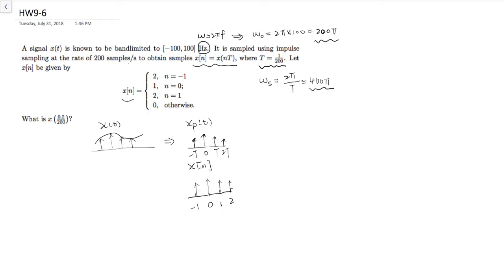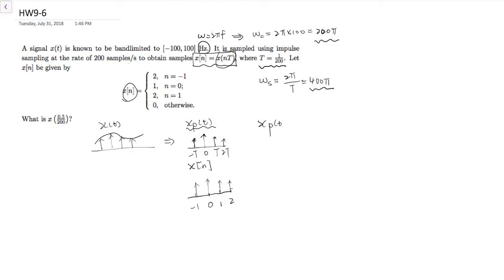This is how this discrete time signal comes from. So from these equations that were given in these questions, we can also find out that this x[n] is actually our sampled signal x_p(t).